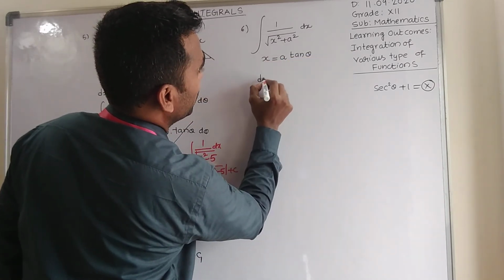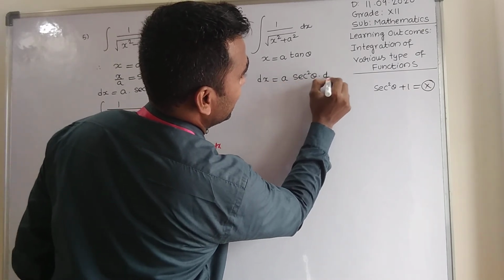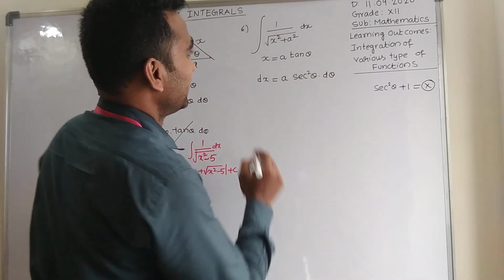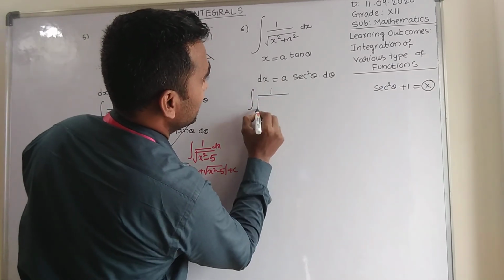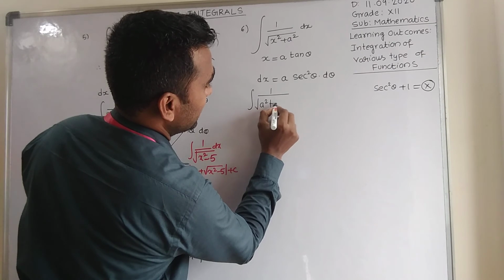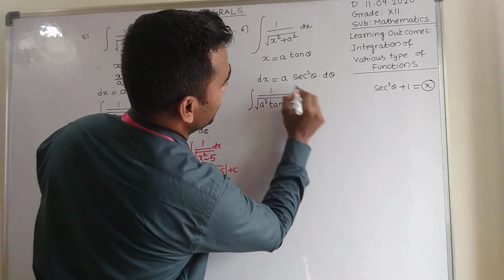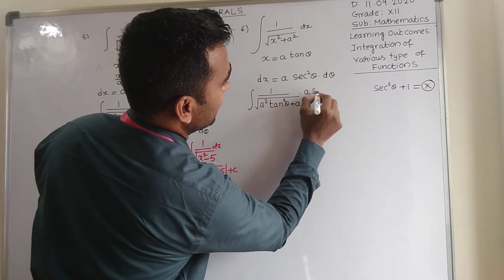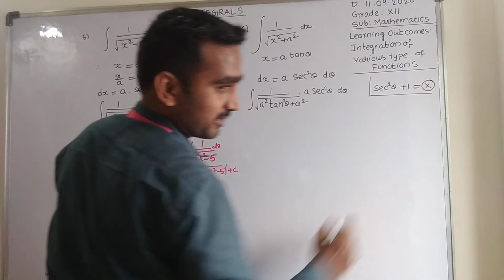Now dx is equal to a into derivative of tan theta, secant square theta d theta. After assuming x equal to a tan theta, we get root over a square tan square theta plus a square, and dx you can write as a secant square theta d theta. Okay, this is rough work.